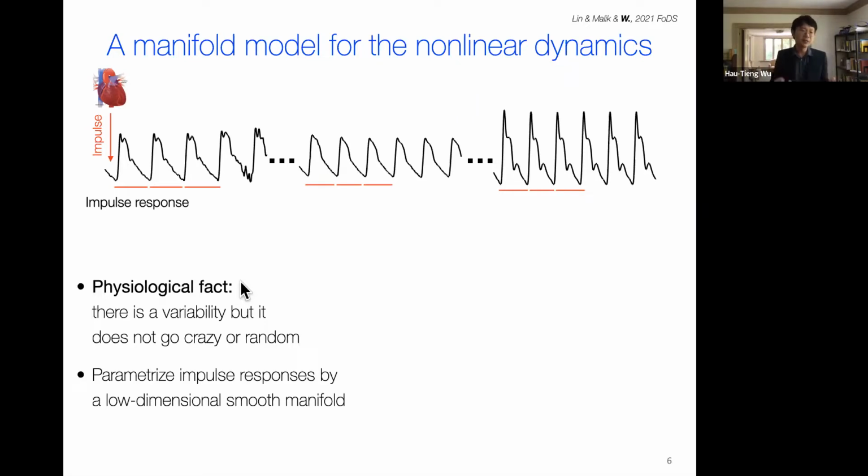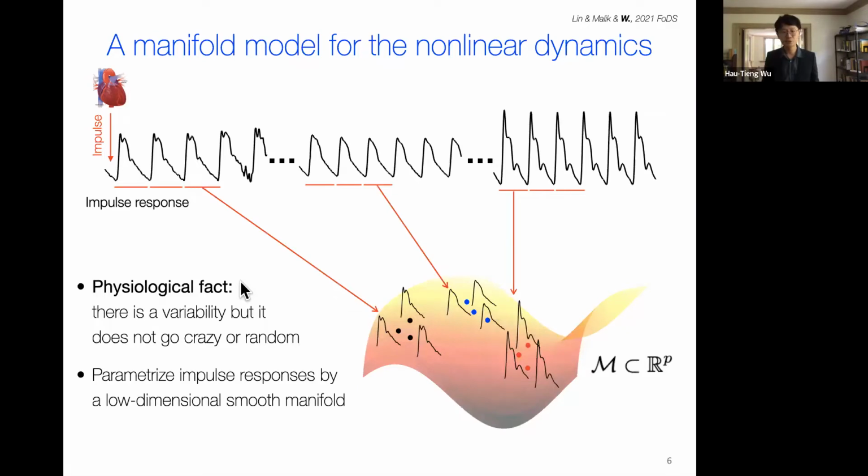Because there is some rule, although we do not know what it is, we try to model it and parameterize all impulse responses by a low-dimensional smooth manifold in the following way. We have a manifold, M, a low-dimensional manifold embedded in some high-dimensional space, depending on discretization, or in L2 space.